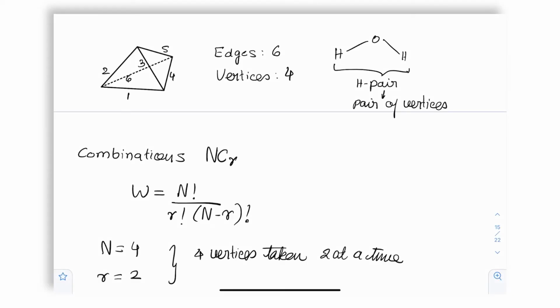So like I was saying, the combinatorics of this pairwise selection of vertices can be mathematically understood using some simple arithmetic.